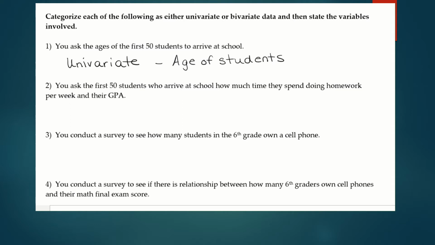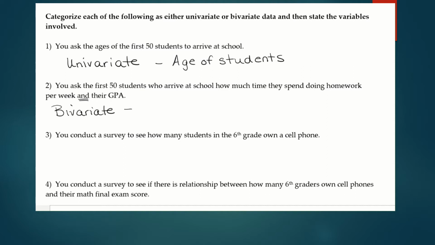Number 2, you ask the first 50 students who arrive at school how much time they spend doing homework per week and their GPA. So you'll notice this word "and" is going to appear mostly when you see bivariate data. So we're comparing two different variables here.